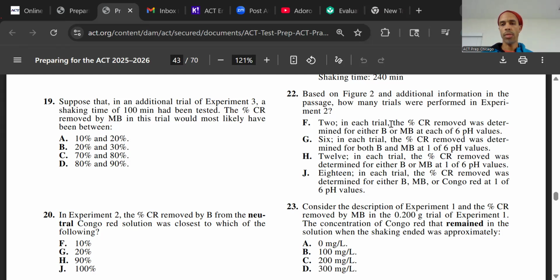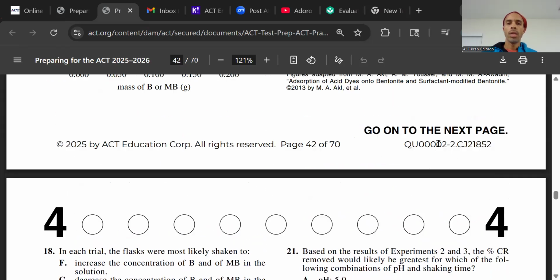In each trial, the CR removed was determined for either B or MB at each of six. It could be F or H, 12 in each trial, because you could say two times six pHs, that's 12, and then 12, one of six. That could be either one.